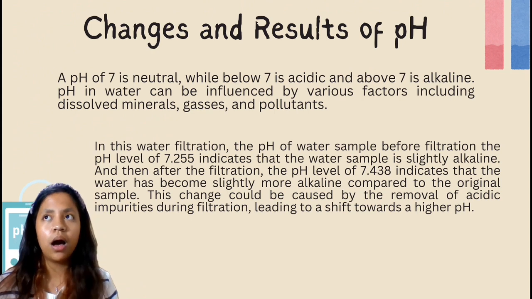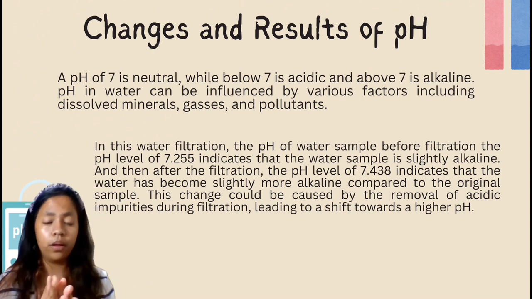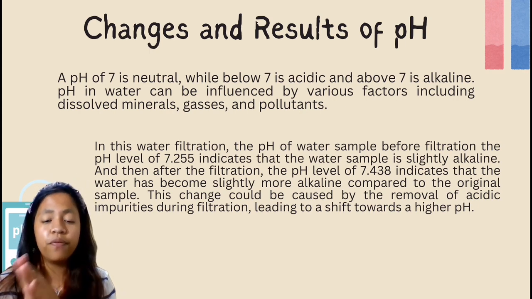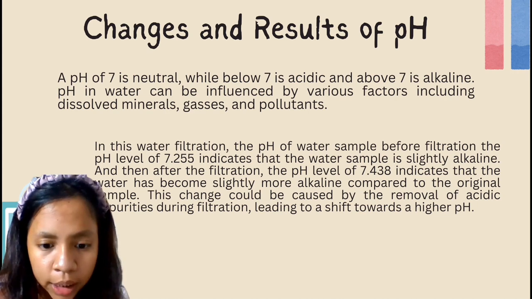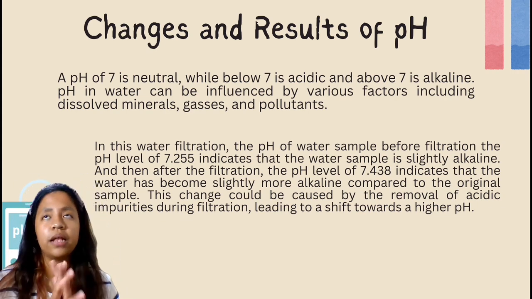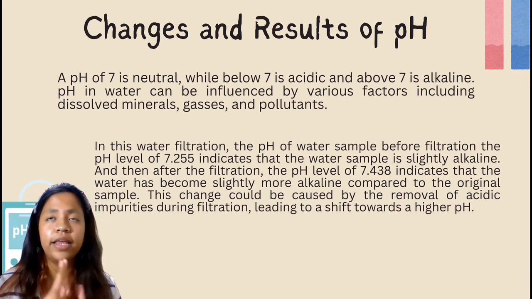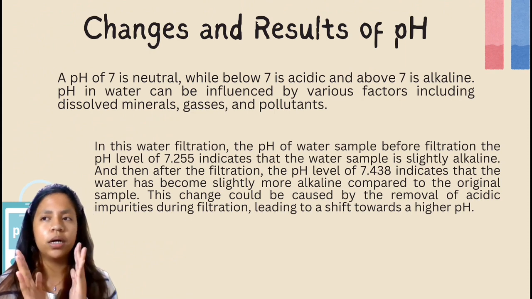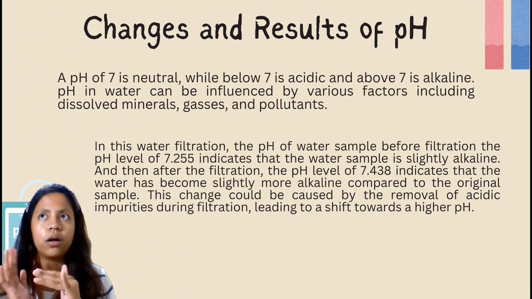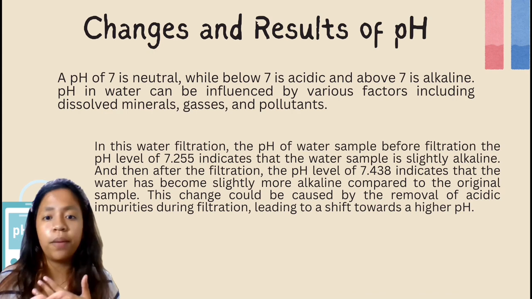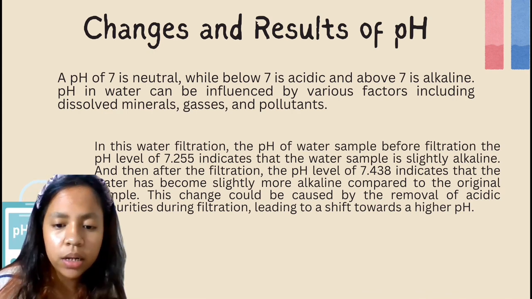And then we did the experiment to measure the pH of the water sample. The pH level before filtration is 7.255, which indicates that the water sample is slightly alkaline. Then we filtered the water sample, and the pH of the water sample became 7.438.